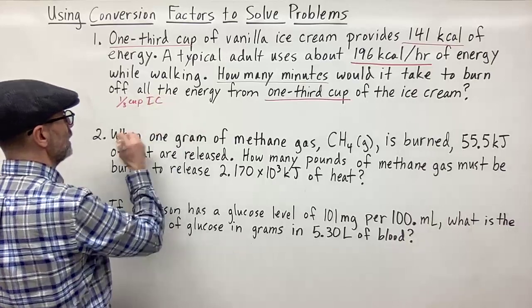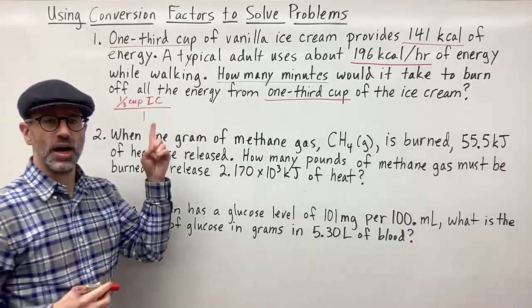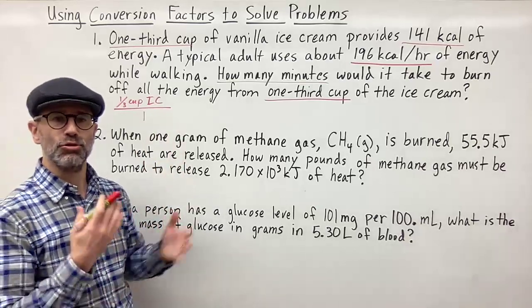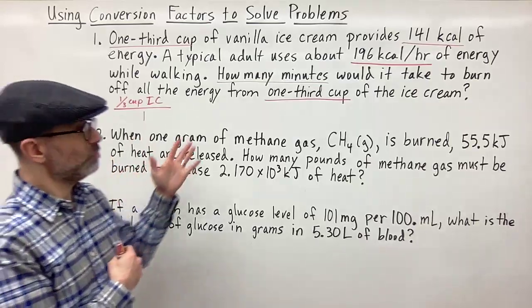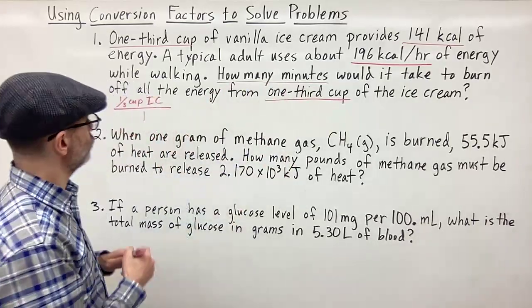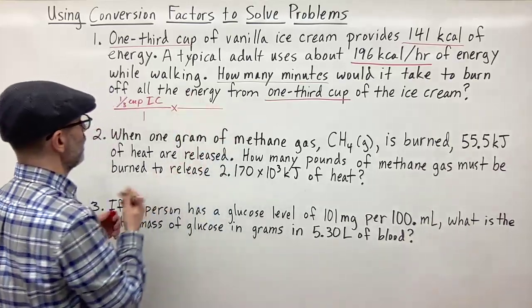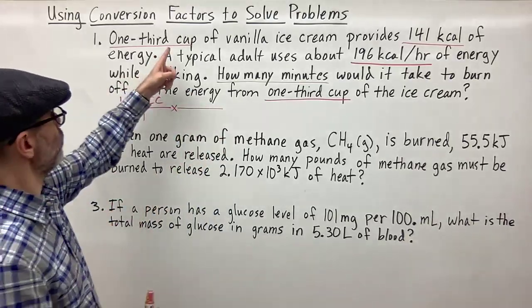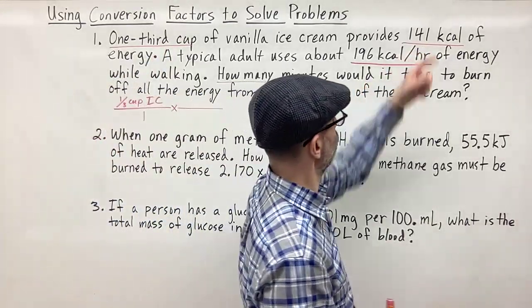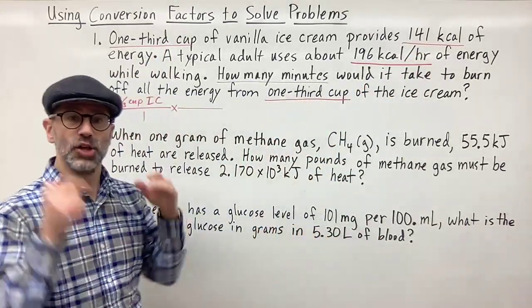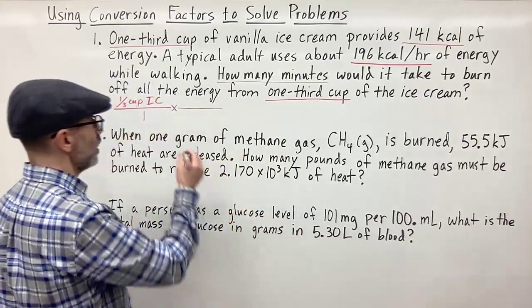So let us begin. So we have a 1/3 cup of the ice cream. I'll just say IC for ice cream. And then we're going to use our conversion factors to convert from the 1/3 cup of ice cream to minutes. So first thing we need to do is convert 1/3 cup of ice cream to something else. Well, we have a relationship that 1/3 of a cup of vanilla ice cream is equal to 141 kilocalories of energy. So we can use that as a conversion factor and set it up as a ratio.